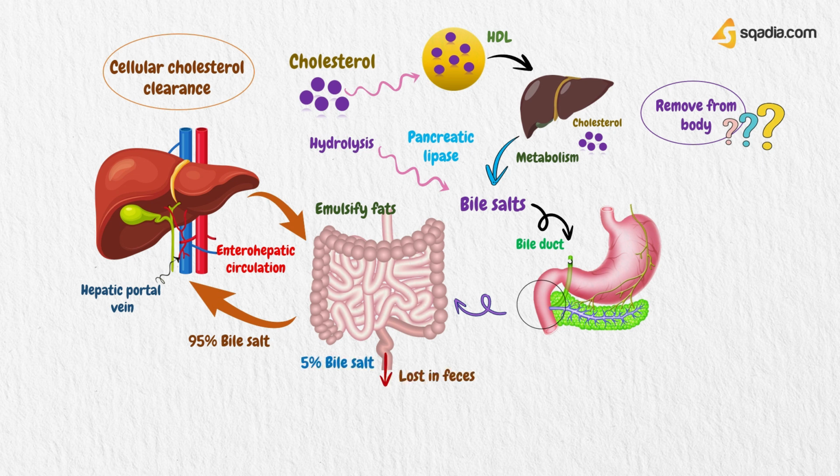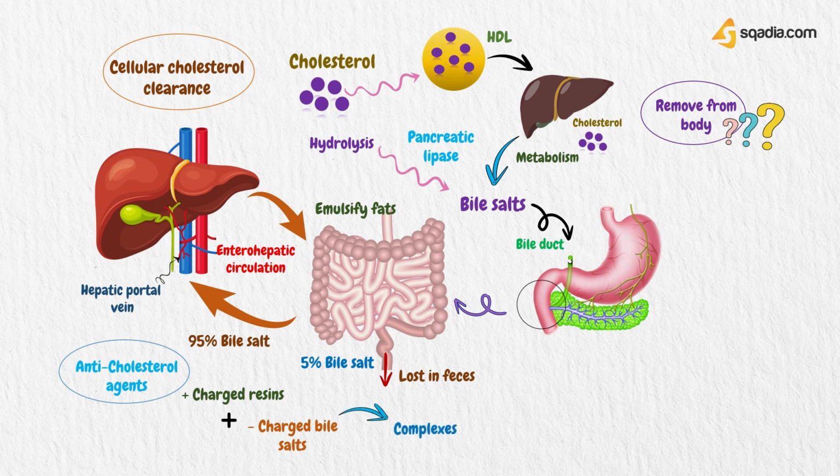About 5% of the bile salts are lost in the feces. The enterohepatic circulation can be interrupted by anticholesterol agents. These are positively charged resins that bind to the negatively charged bile salts and form complexes. The resin bile salt complex is then excreted in the feces.